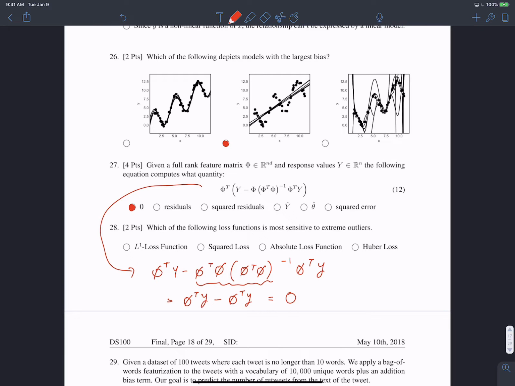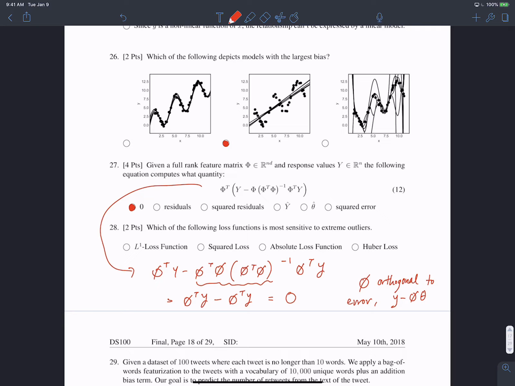Okay? And the way you actually get this equation is by saying that phi is orthogonal. And I mean, this is not necessarily part of the question, but just for your additional knowledge, we know that phi has to be orthogonal to the error, which is y minus phi theta.